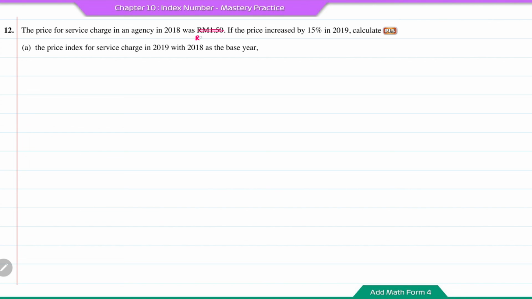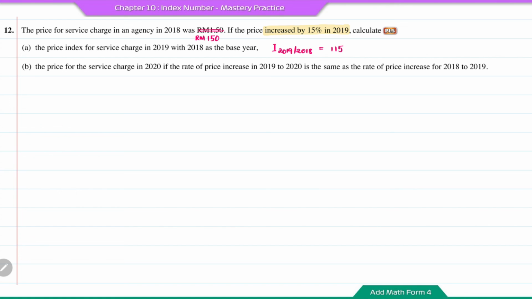It should be RM 150. As the price of the service charge increased by 15% from 2018 to 2019, therefore the price index in the year 2019 based on 2018 will be 100 plus 15, which is equal to 115.